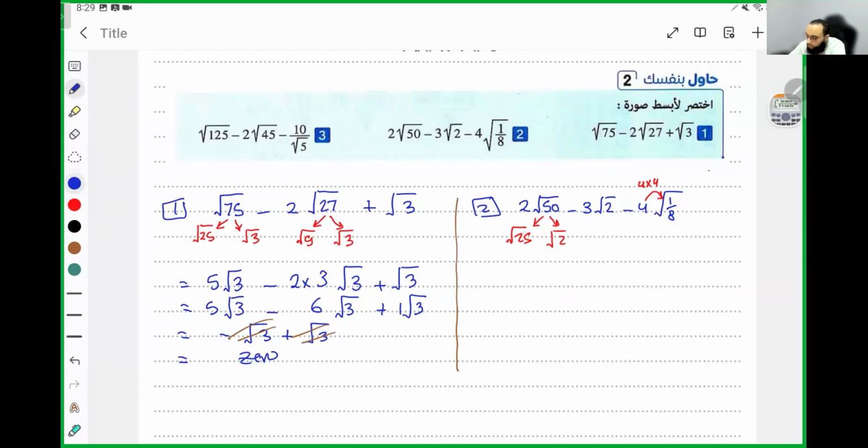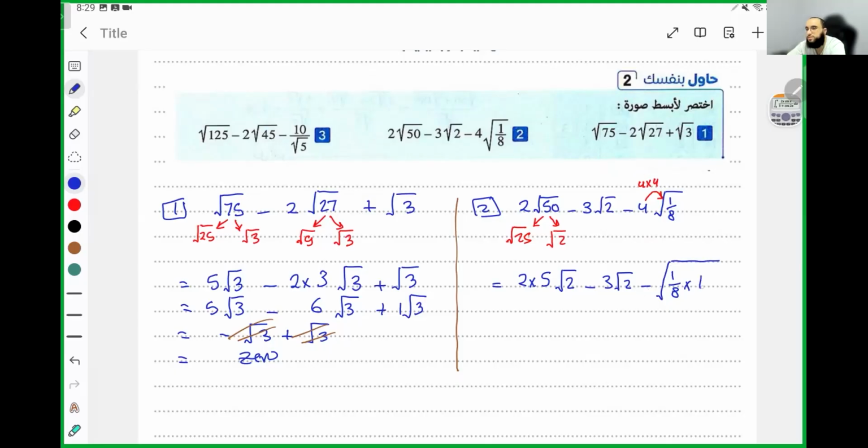Right now, root 25 equals what? 5. And there is a 2. Then it's 2 times 5 and beside it root 2. Minus 3 root 2. And this is square root 1 over 8 times what? Times 4 by 4.